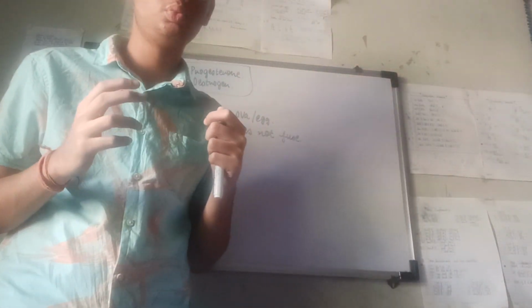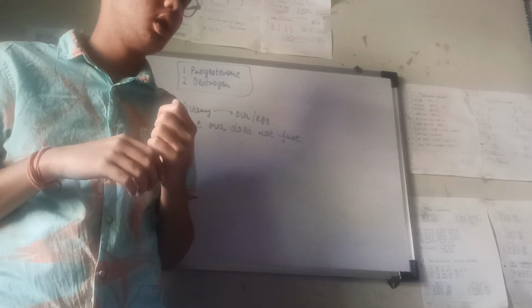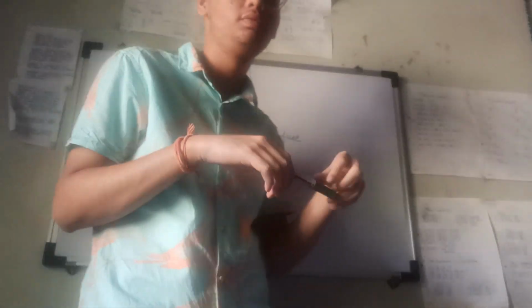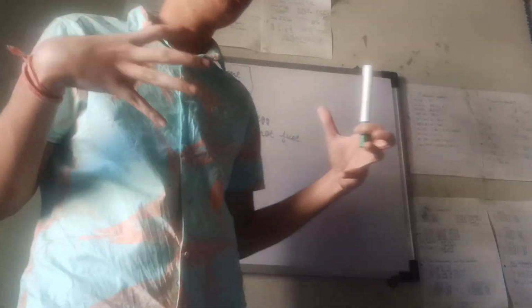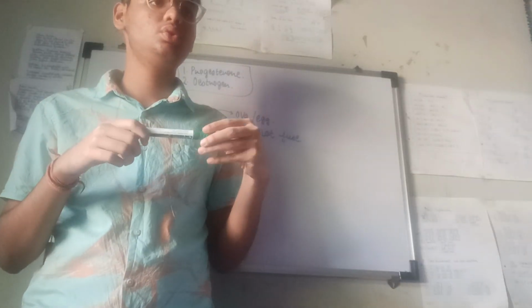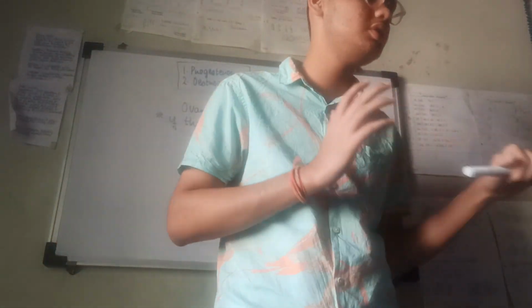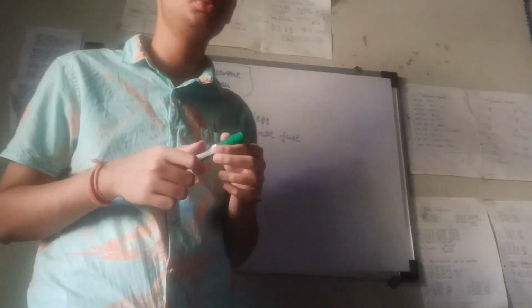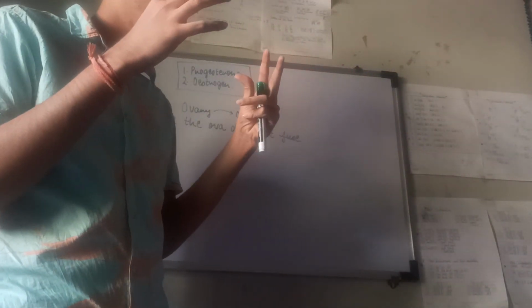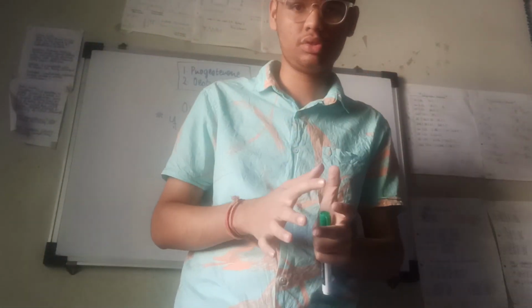If the ova does not fuse with the sperm, the endometrium, or the inner lining of the uterus, which is highly supplied with blood and nutrients, the secretion of progesterone increases, but there is no fusion taking place, thereby the endometrium degenerates.